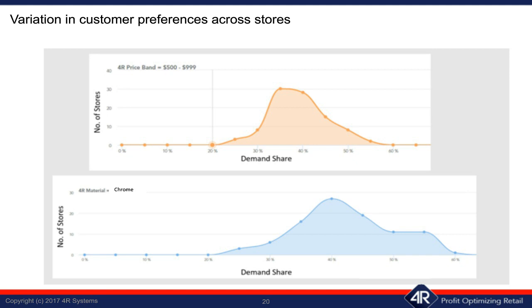If you look at a very flat bell-shaped curve that didn't rise very high, it indicates that there is a lot of variation across stores. On the other hand, as you can see with these demand shares on each of these two, you might indicate that there is some level of clustering, which makes sense because the demand shares in the number of stores have some level of similarity. So the tighter the curve, the less granularity you need, the more expanded out it is.